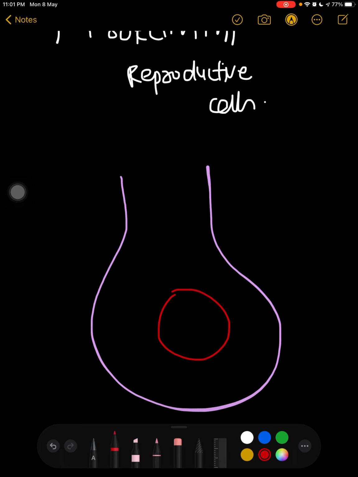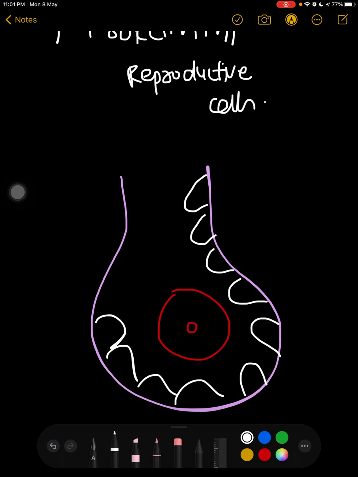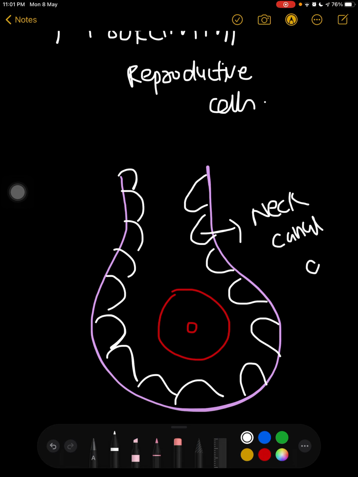Over here we have the zygote, and the space over here is known as the venter. There are some cells inside, known as neck canal cells, right? And outside there are other cells as well.